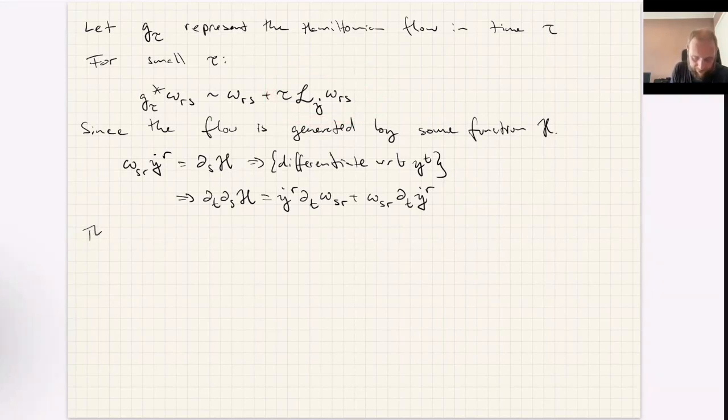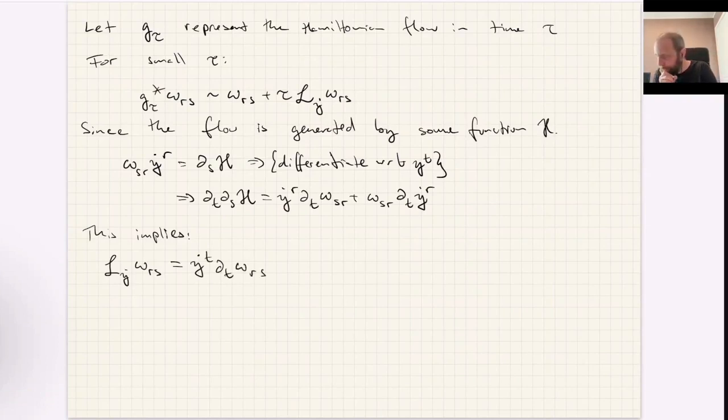So this implies that if I take this Lie derivative, y dot omega_rs, then it's a Lie derivative of a rank 2 tensor. So what I have is first of all y dot^t and then d_t omega_rs. Okay, but then I have two more terms, one for each free index here.